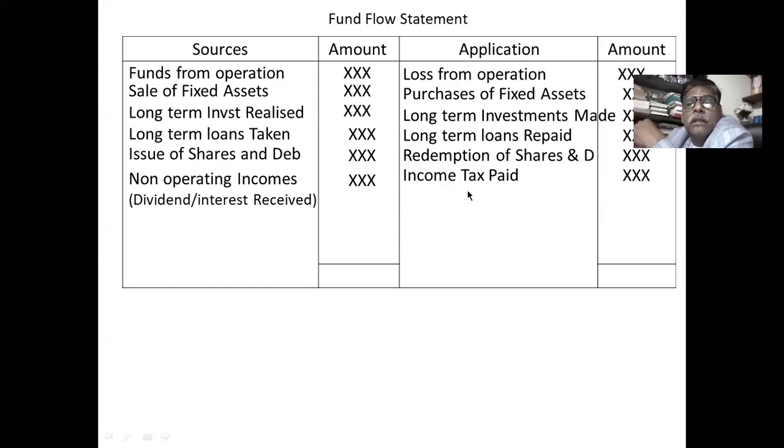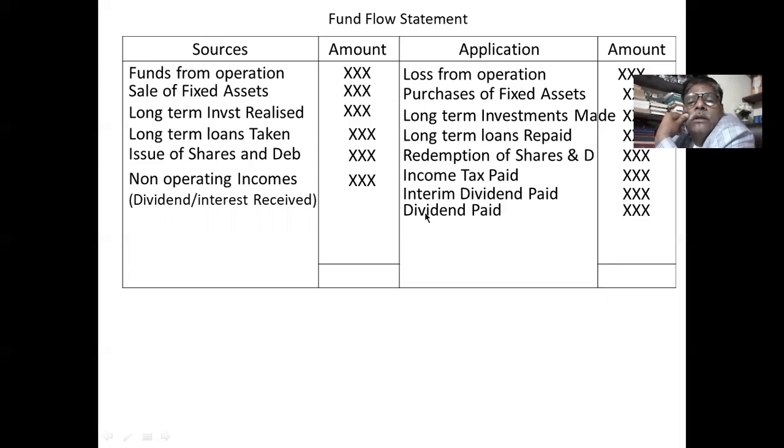Already I explained. Interim dividend paid. Dividend paid. Remember these two items: dividend paid and income tax paid. These two items you have to take from the proposed dividend and provision for income tax accounts.